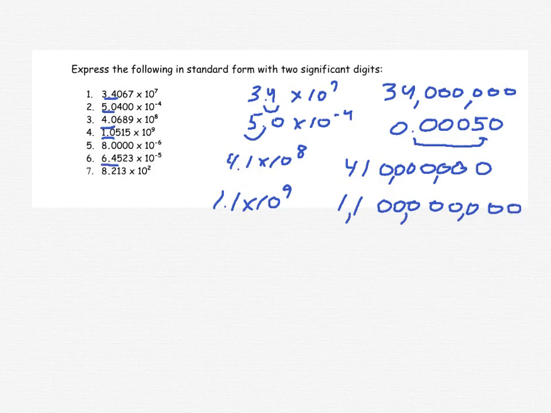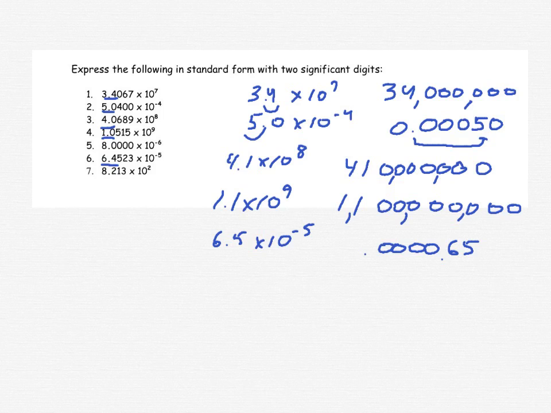6.4523. 6.4, the 5 would round it up to 6.5, and it's times 10 to the negative 5th. So you move the decimal one place to the left, would take you to 0.65. Then you have to add 4 zeros to get back to standard form.